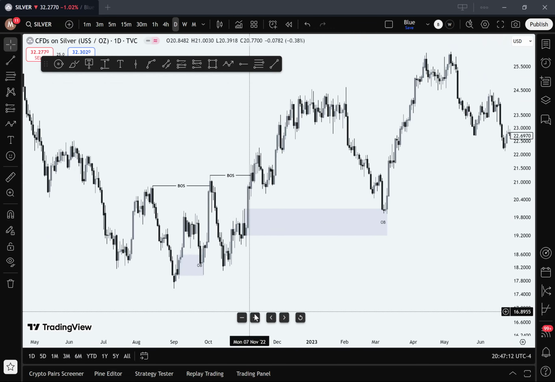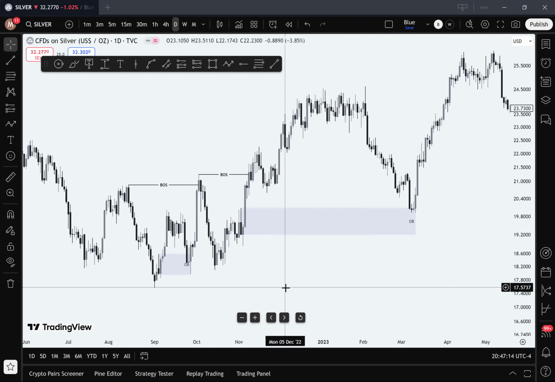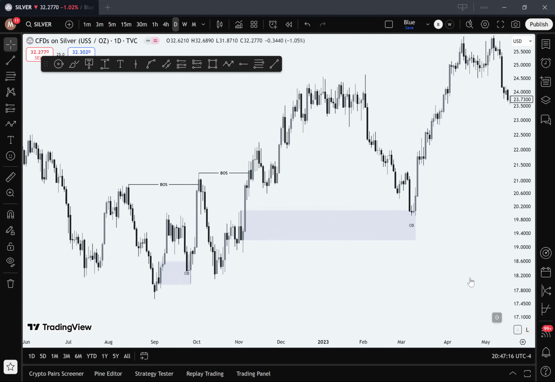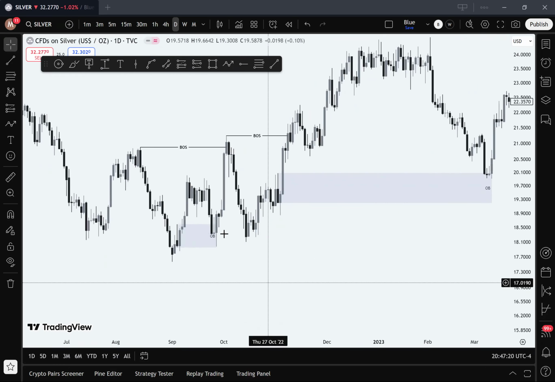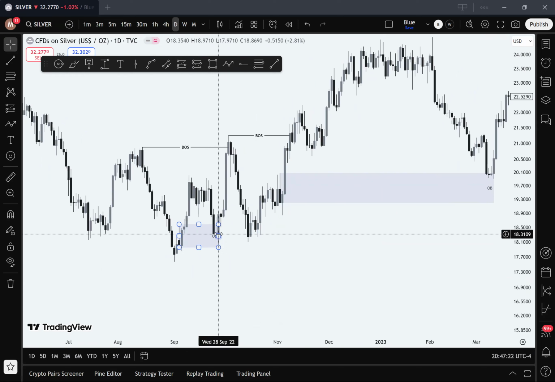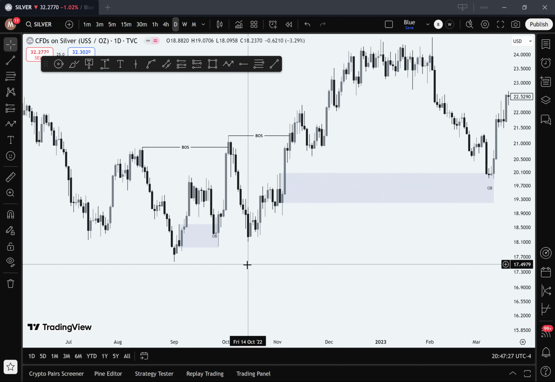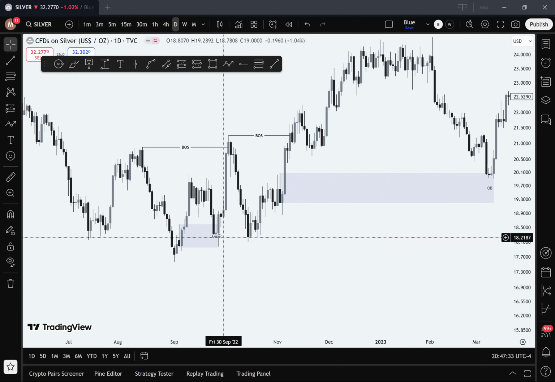Okay. Now let's take a look at these two other blocks right here. You see this first order block that I've marked right here? It is not a valid order block. Why? Because it hasn't broken structure, even though price reacted to it.